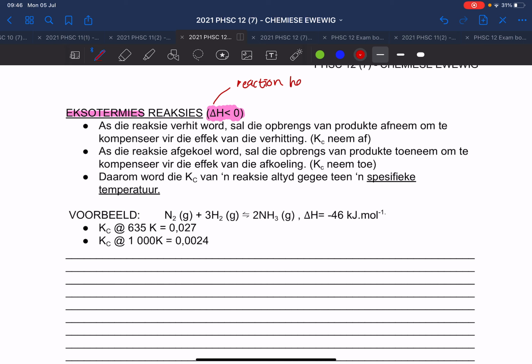Reaction heat or heat of the reaction. Reaksie hitte van 'n reaksie is negatief. It is negative. What does that mean? It means more energy is given off, of meer energie word afgegee as vrygestel.